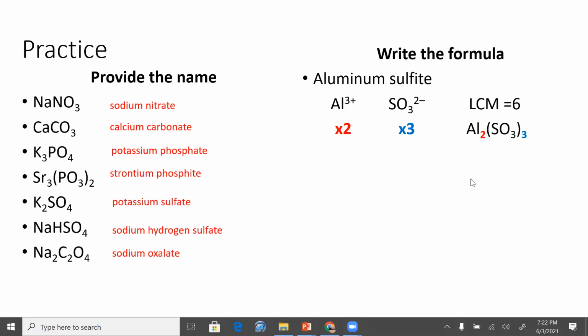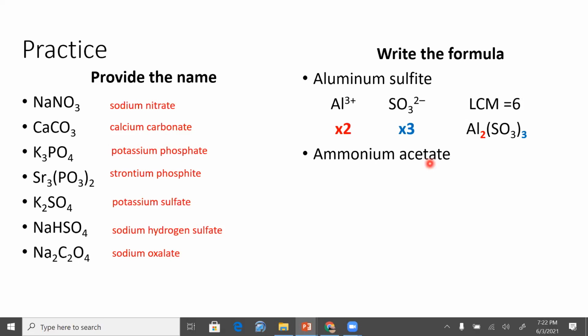All right. So let's do this one, ammonium acetate. You can go back a couple of slides and see what ammonium is. If not, I'll tell you. Ammonium is NH4 with a +1 charge. And you can look on a couple slides before it what acetate is.